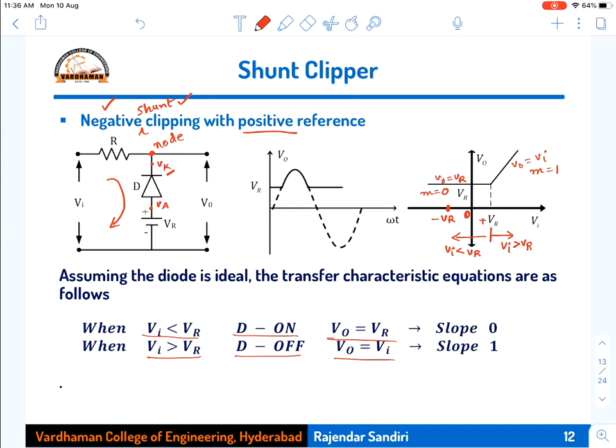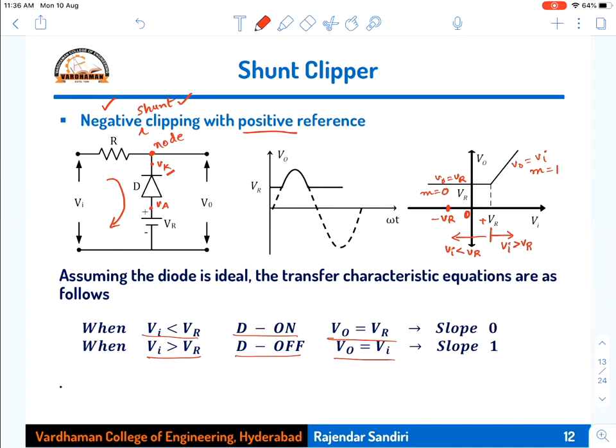One segment is Vi greater than 0, or Vi greater than Vr, or Vi greater than minus Vr, and the other segment is Vi less than Vr, or Vi less than 0, or Vi less than minus Vr, depending upon the reference voltage: zero, positive or negative.